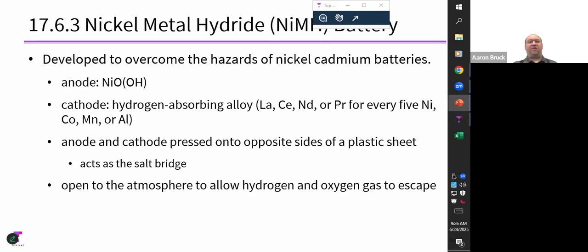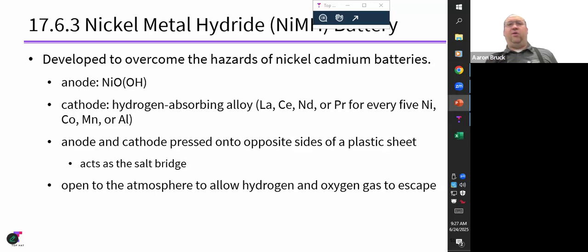Nickel metal hydride batteries have been developed over time. They're meant to replace nickel cadmium batteries, and they've done a decent job of doing so. How they work is they have basically a nickel anode. So we've got nickel in the +3 state with the nickel oxo hydroxide compound there.